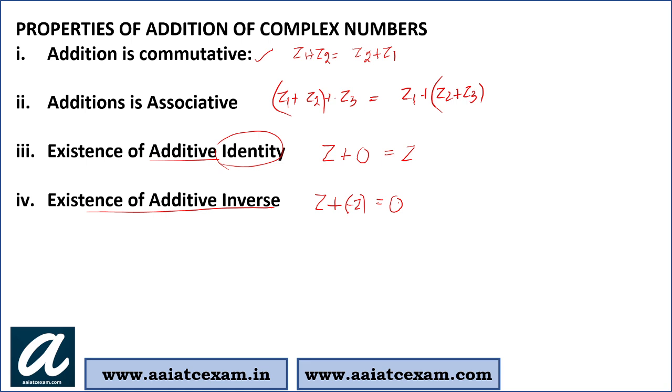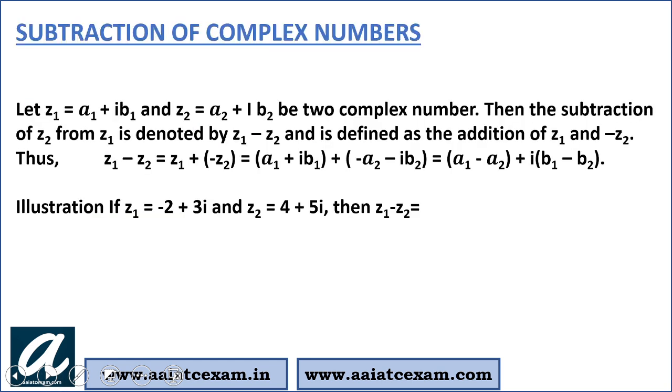So these are the 4 properties that you have to remember at any cost. Addition is commutative, addition is associative, 0 is the identity element, and minus z, that is negative of this complex number, is the additive inverse. Next topic is there, that is the subtraction of the complex numbers.